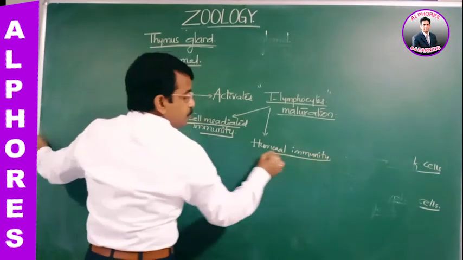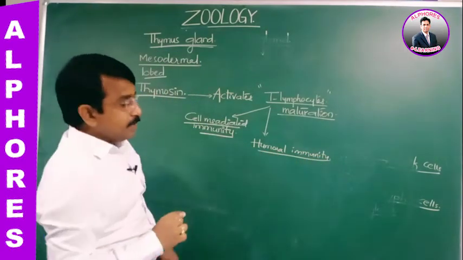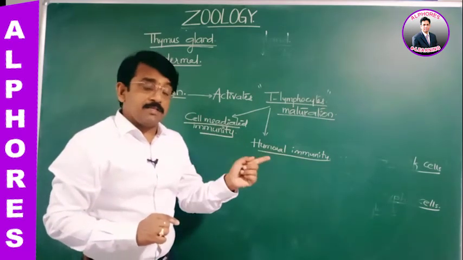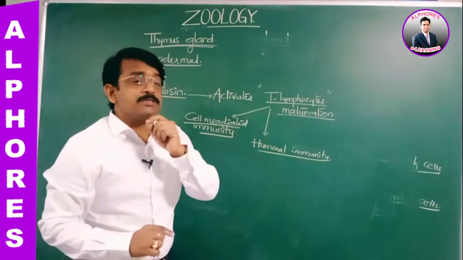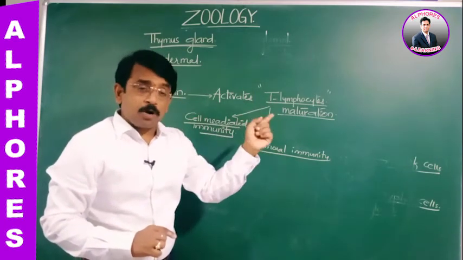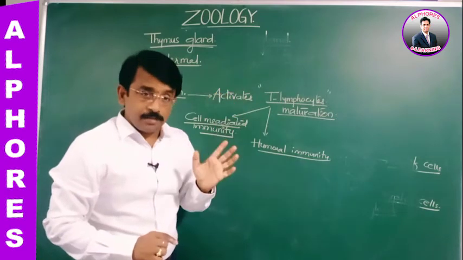The point to remember is that the T cells are TC cells and T helper cells, with cluster of differentiation 4 and cluster of differentiation 8.